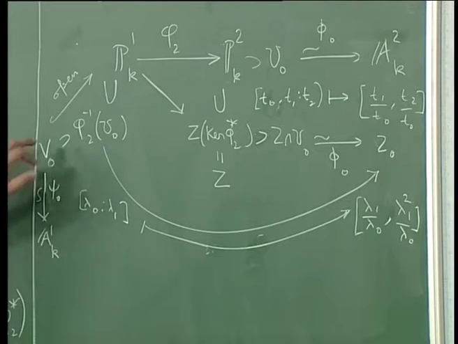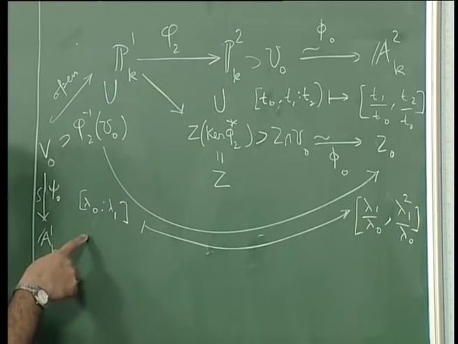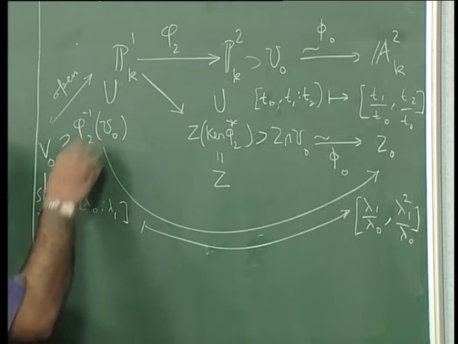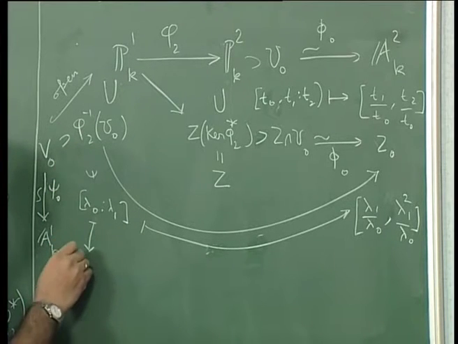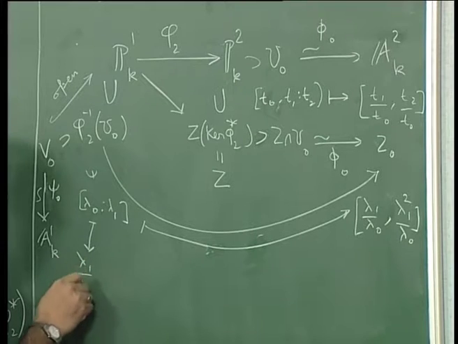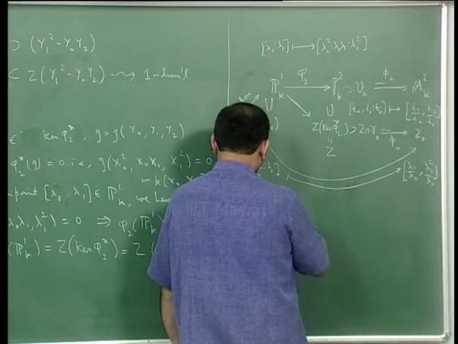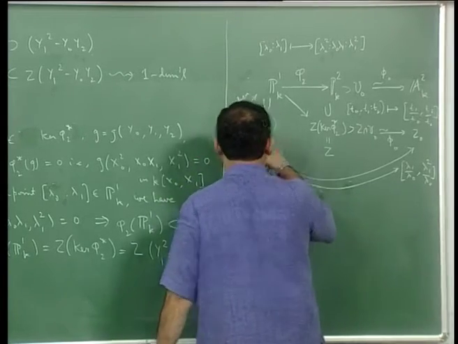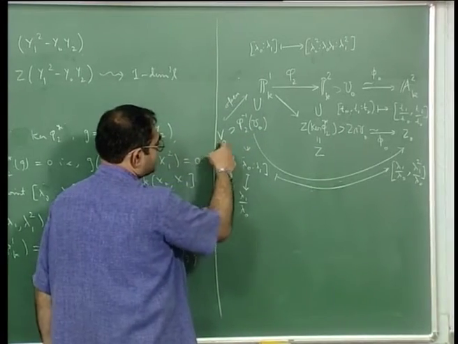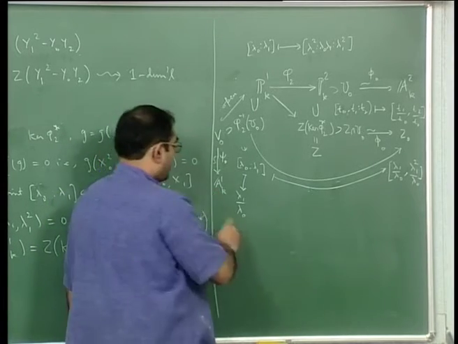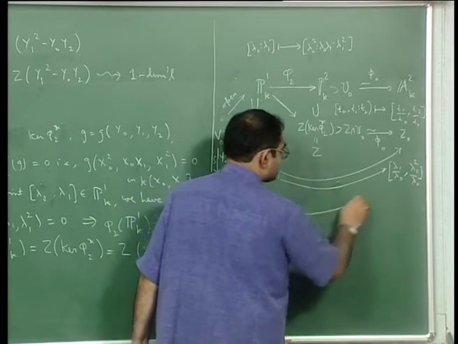V naught is the locus where the first coordinate x naught does not vanish, and under this identification this point here will go to the point lambda 1 by lambda naught. Therefore finally phi2 inverse u naught is an open subset of V naught, so its image here will be an open subset of A1, and if you finally write out the morphism, it is this.